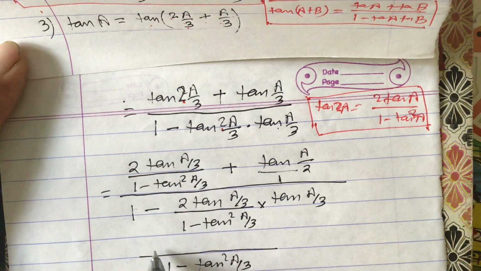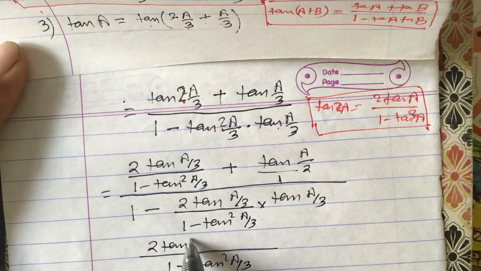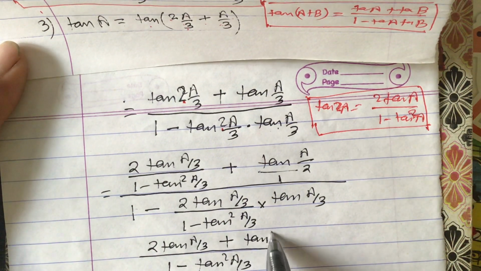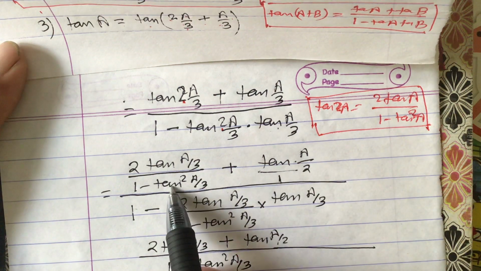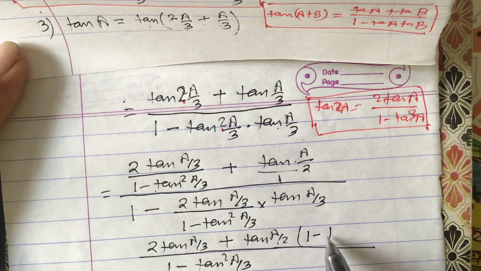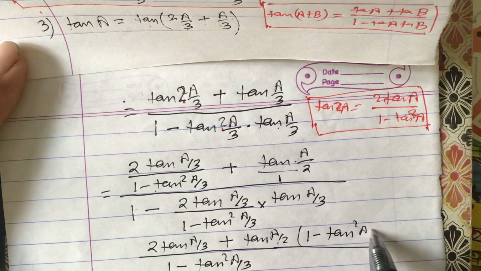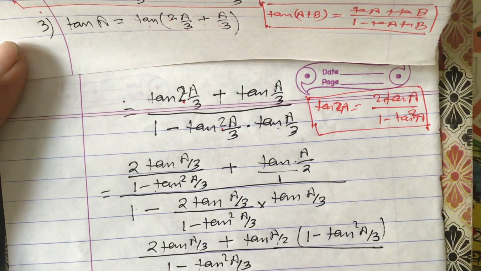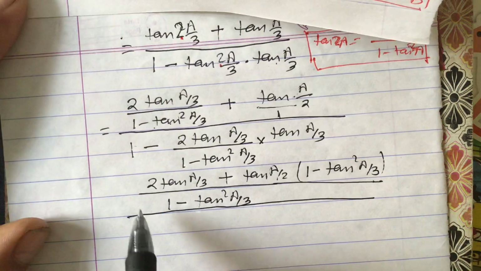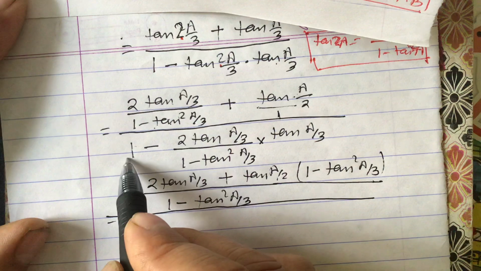So you will get here also 2 tan a by 3 as it is, plus now this tan a by 2 will multiply, see, 1 minus tan square a by 2 will multiply here, and 1 minus tan square a by 3 will multiply here, whole upon, now this denominator turns here 1.